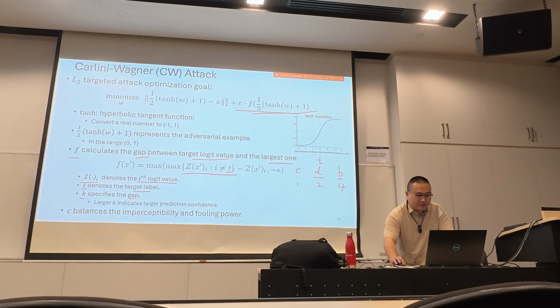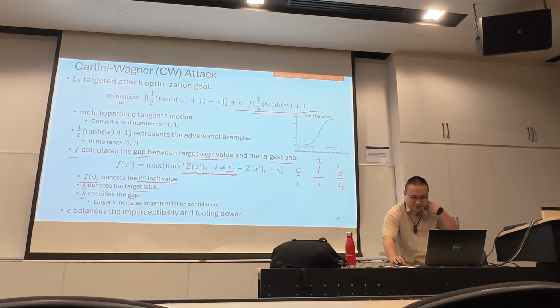So we want the logits of cat and bird, and then we get the largest one. So actually that is the current prediction, the bird logit. So we get the bird logit. And then we calculate the difference between the bird logit and our target logit here.